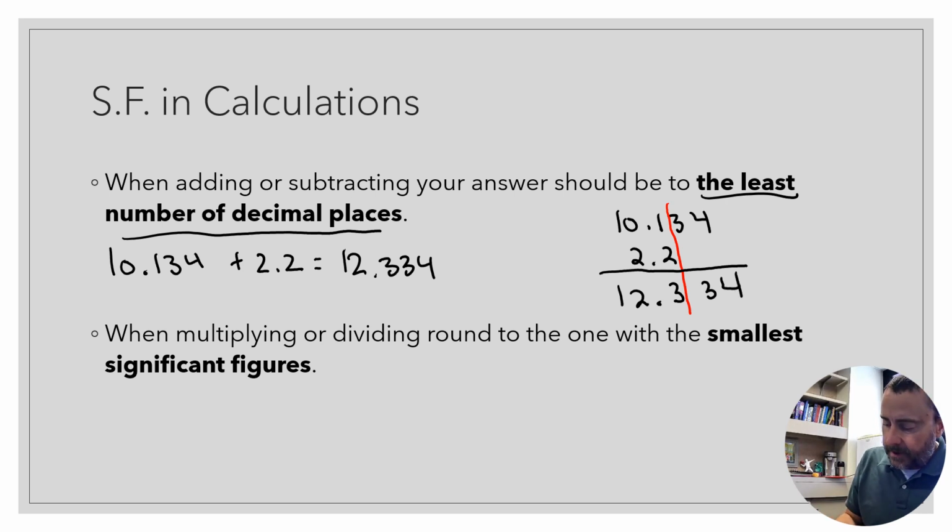So my actual answer is 12.3, which has 3 significant figures. Notice that the first number, 10.134, has 5 sig figs, and the second one, 2.2, has 2 sig figs, but my answer has 3. So we can't figure them out from those; we actually have to solve it in order to get there.